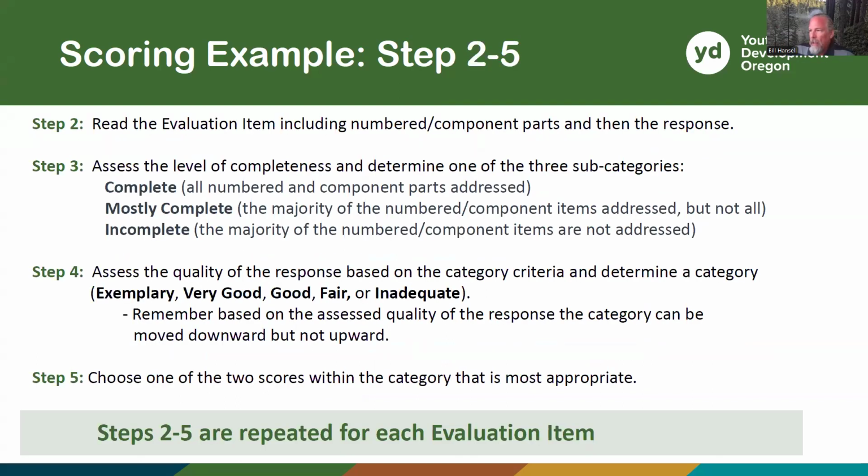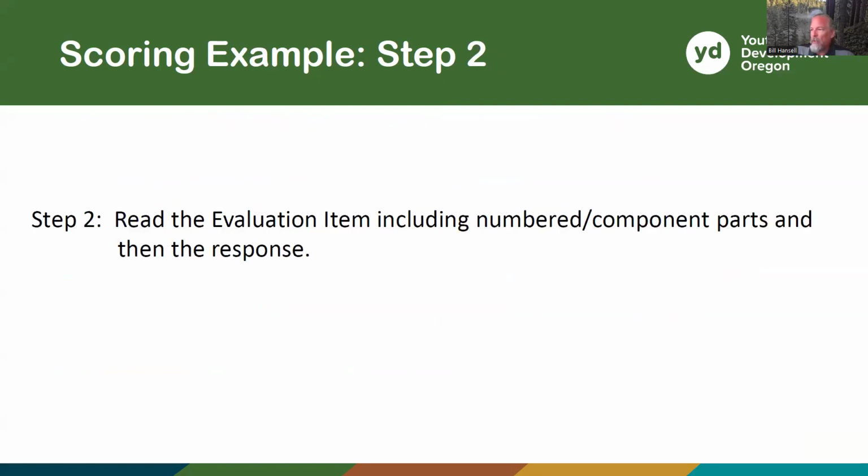The next 4 steps are really the scoring process, and we'll cover these in greater detail. Next slide, please. So step number 2 is read the evaluation item, including numbered component parts, and then the response.